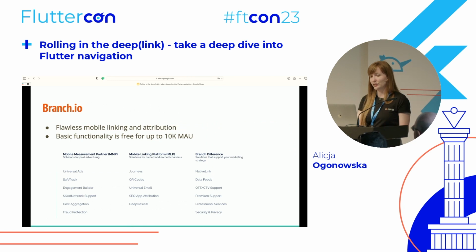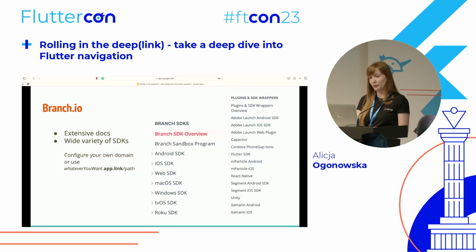There is also Branch.io, which is a flawless mobile linking and attribution solution. At least this is what they advertise it as. Its basic functionality is free for up to 10,000 monthly active users. This is a very big SDK, so the number of options that they provide is so huge that I won't be talking about them.